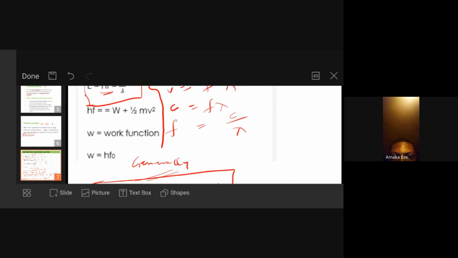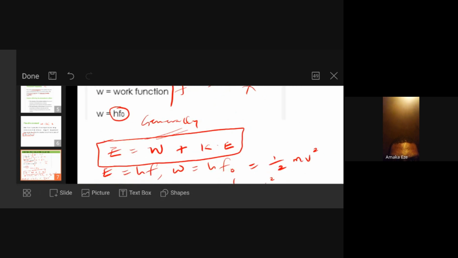And that was why I wrote this here. Look at this equation. What I did is just to tell you why I put down this equation here. That's hf equals W plus 1 over 2 mv squared. The only thing is that I didn't substitute W into the equation, but I already told you that W is hf naught. So if I put hf naught into this equation, I'll be getting exactly what I have here.